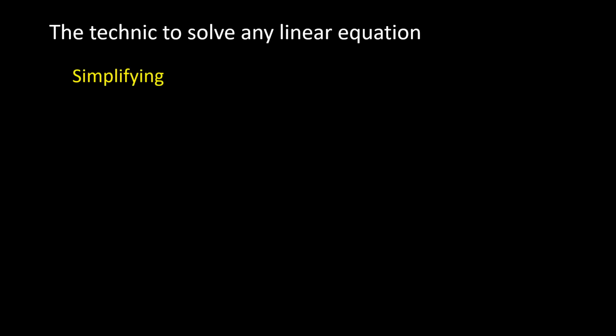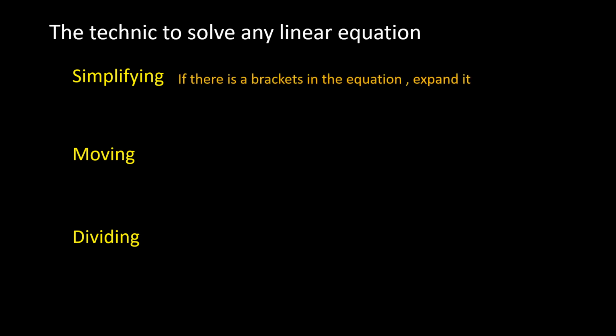Okay, the technique to solve any linear equation uses these steps. Number one, simplifying, then moving, then dividing. What is simplifying? If there are any brackets in the equation, you have to expand them. For example, if you have a times (b plus c), you use the distributive property by multiplying a with b and a with c.